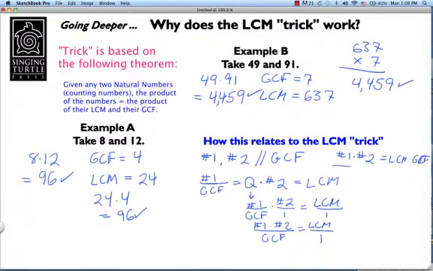So there you have it. That is in essence the same exact thing as what we said here. Given any two natural numbers, the product of the numbers, that's number 1 times number 2, is equal to the product of the LCM and the GCF. LCM times GCF. So you can see that the trick was completely based on this little theorem from number theory.